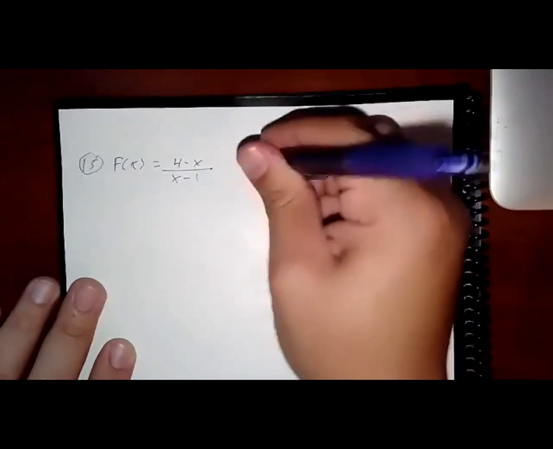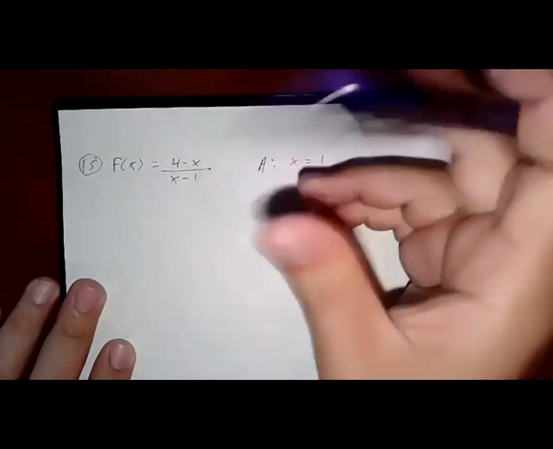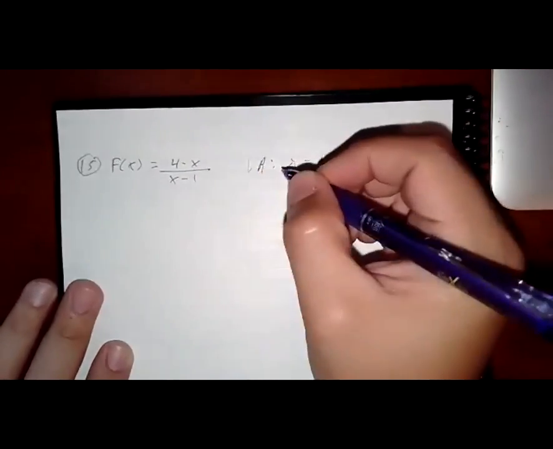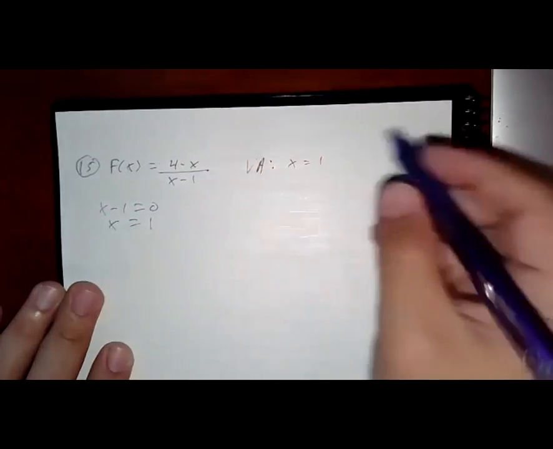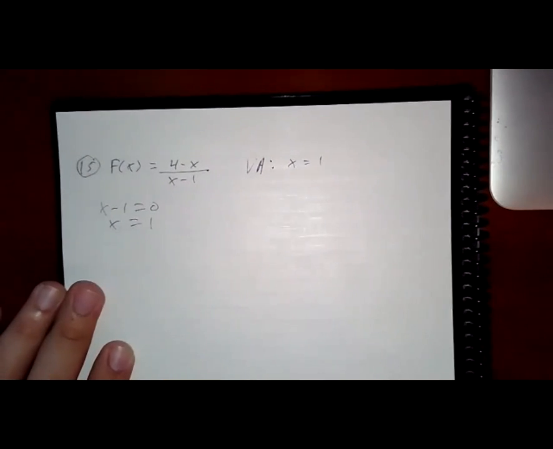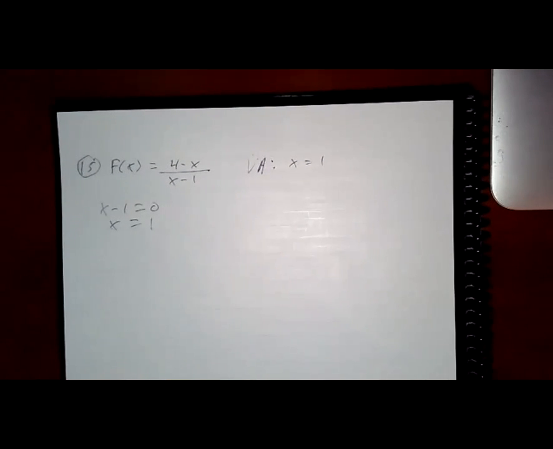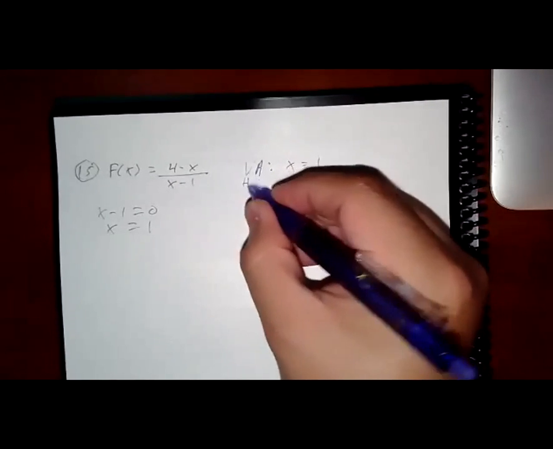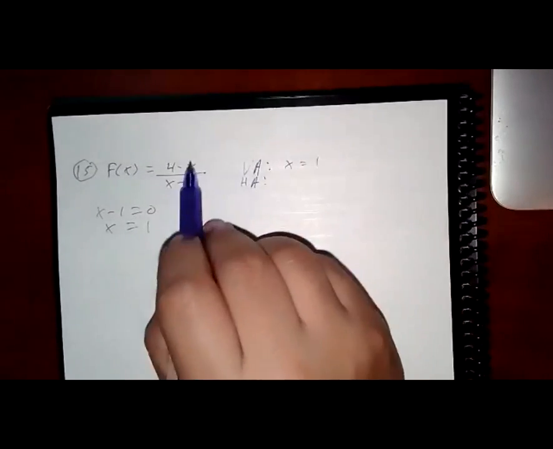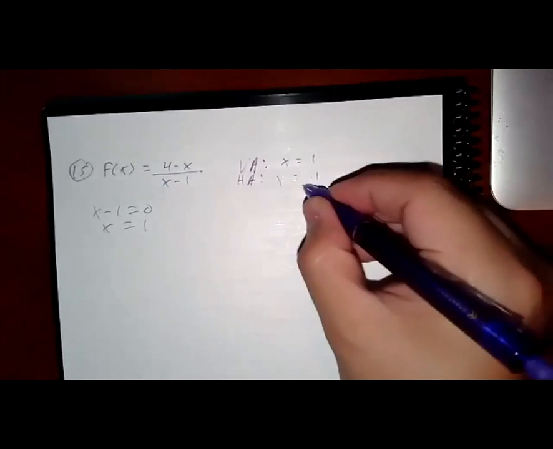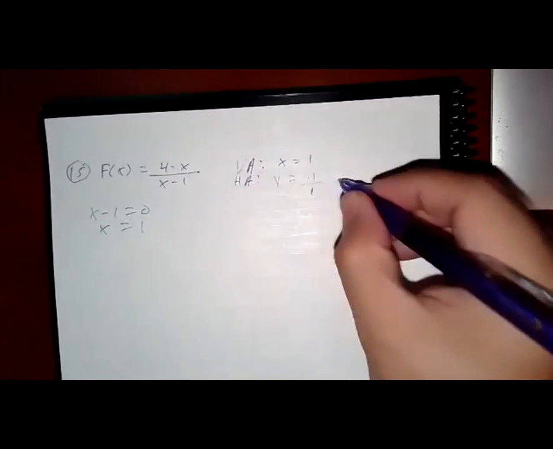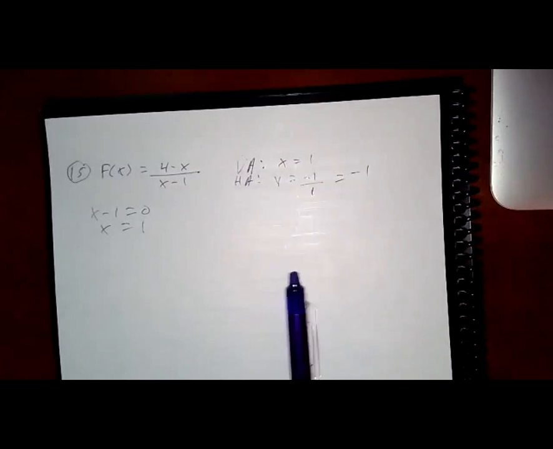And we said, I'm sorry, that's vertical. Vertical is when the bottom is 0. So you set the bottom equal to 0, and then you solve, and that's where this comes from. Okay, now for the horizontal, we said it depends on the degrees, if they're the same, then y is equal to the coefficient, so that's a -1 over this coefficient, 1, which gives you -1.